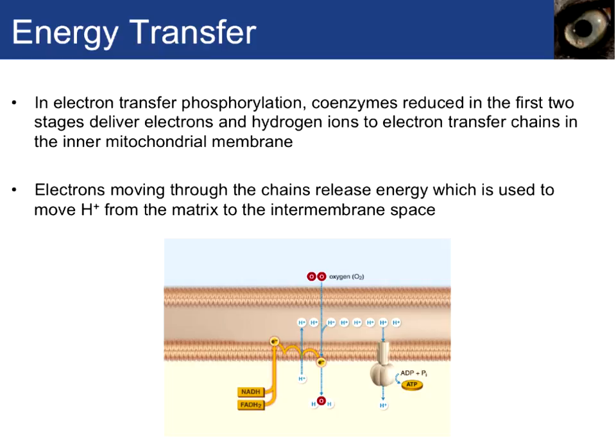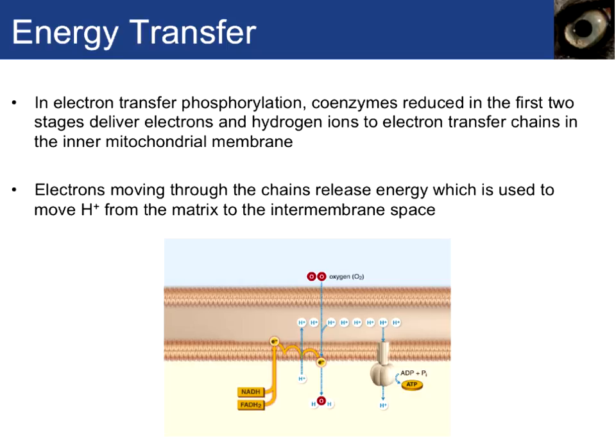So this third step of aerobic respiration is electron transfer phosphorylation. And in this step, coenzymes, this is the NADH and the FADH2 that were produced in the first stages, deliver those electrons and hydrogen ions to the electron transfer chains in the inner mitochondrial membrane.